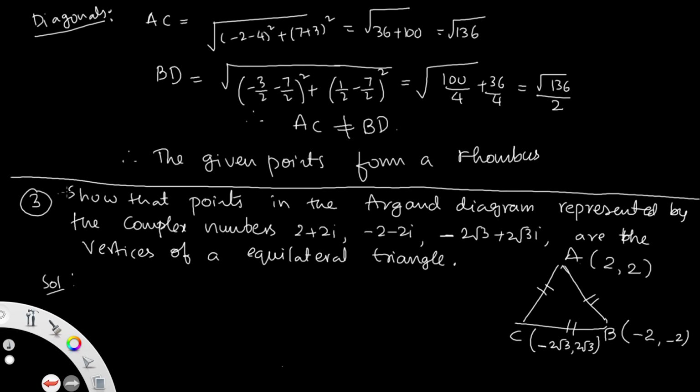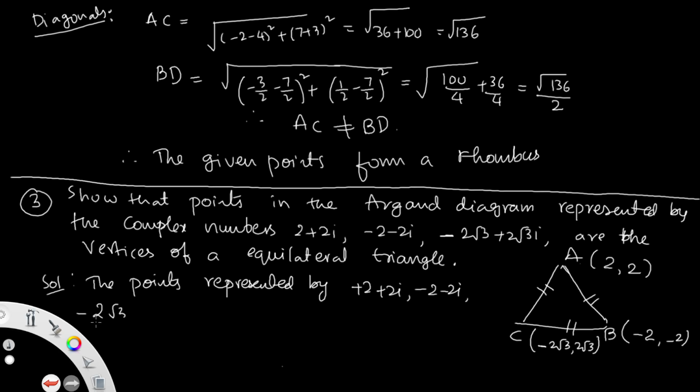The points are represented by 2 plus 2i, minus 2 minus 2i, minus 2 root 3 plus 2 root 3i in the Argand plane.